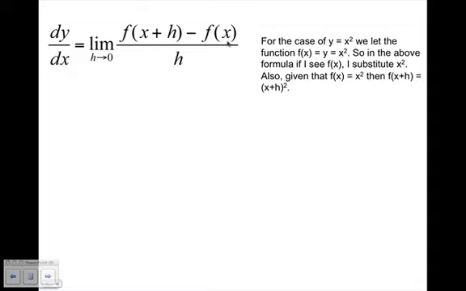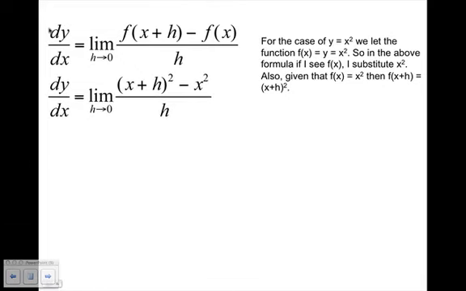And well, our function notation shows us that if the function of x is x squared, then the function of x plus h must be x plus h all squared. Okay, so I'm going to be able to sub in two things on the numerator here in order to eventually derive what my gradient function will be.